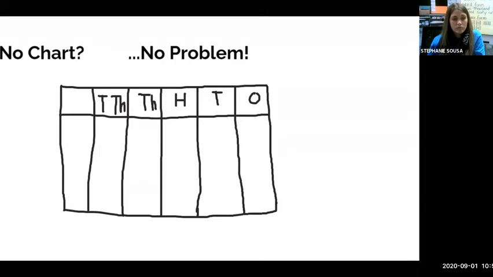So ones, tens, hundreds. We have thousands, 10,000s. Maybe you can guess what comes next. Yes, 100,000s. Now, in 3rd grade, we won't be dealing with this 100,000s column at all.